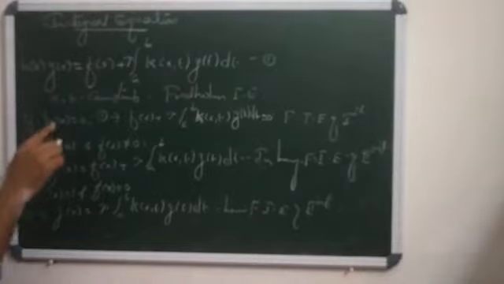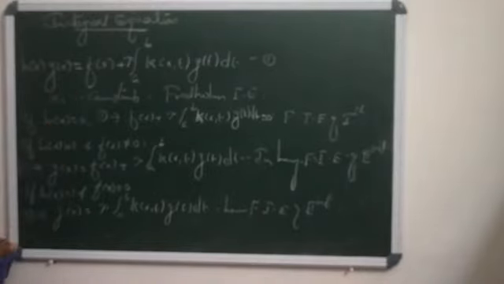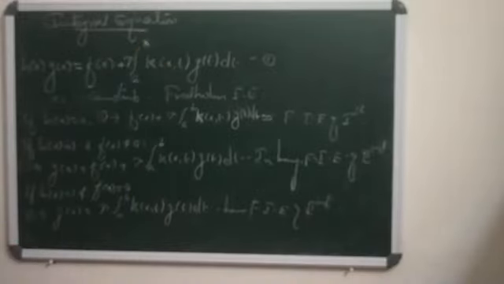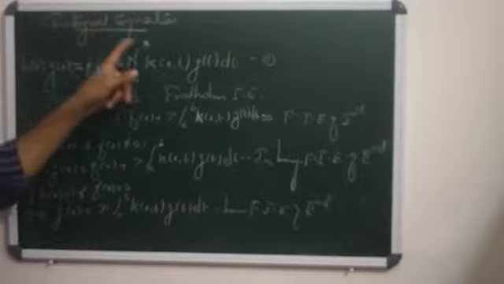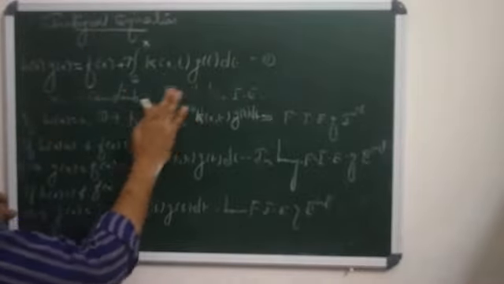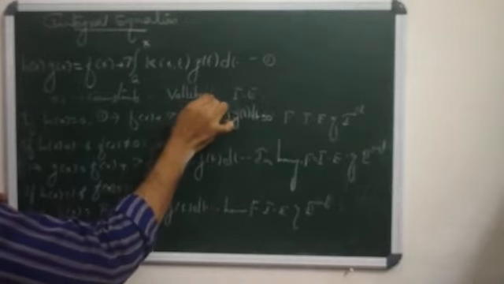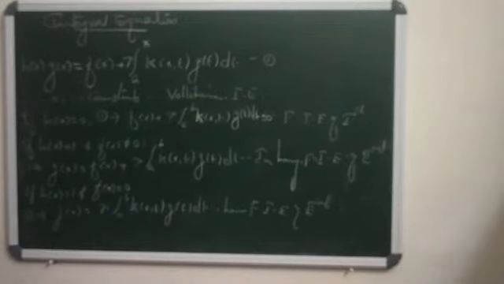Similarly, if a is a constant and b is a variable, not a function, suppose it is x, then this integral equation is said to be a Volterra integral equation. If both limits of integration are constant, the standard form is known as a Fredholm integral equation.